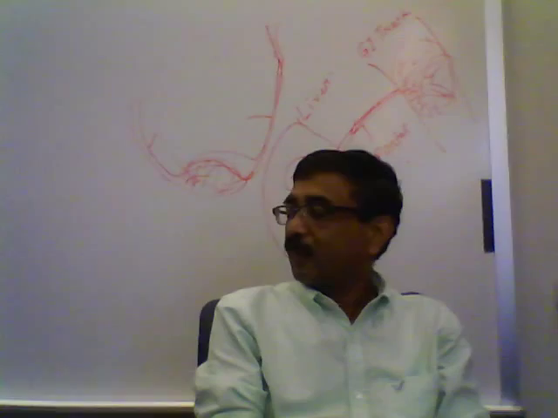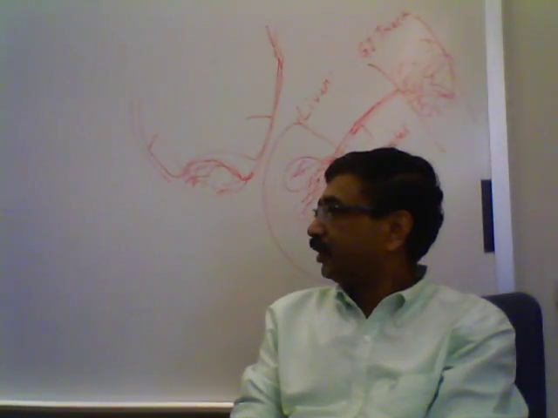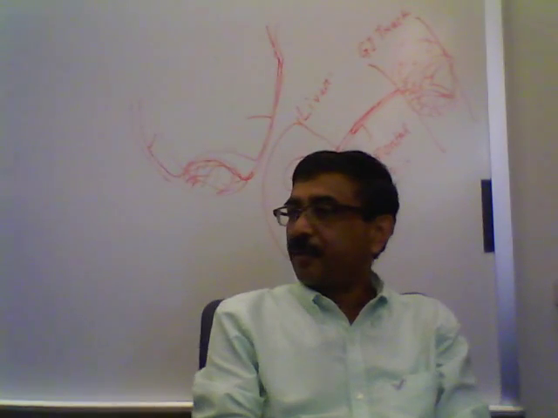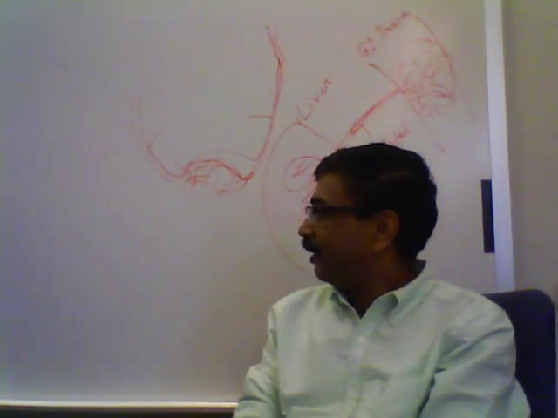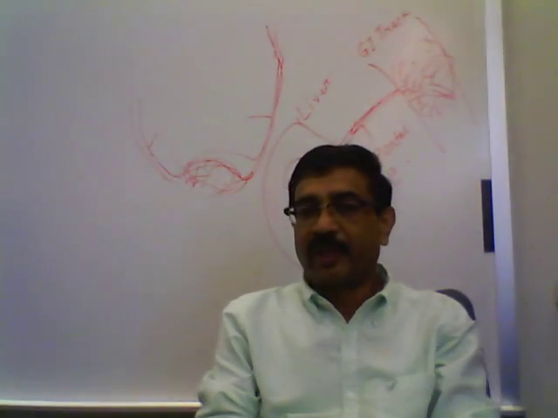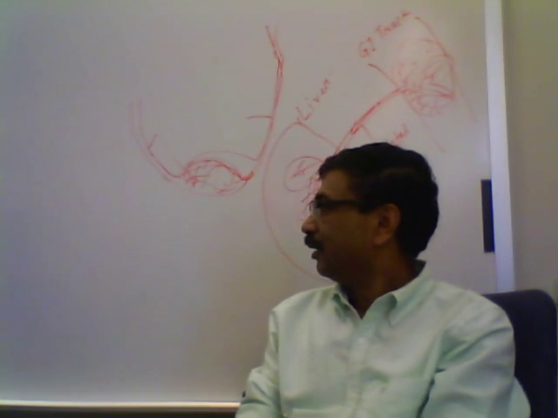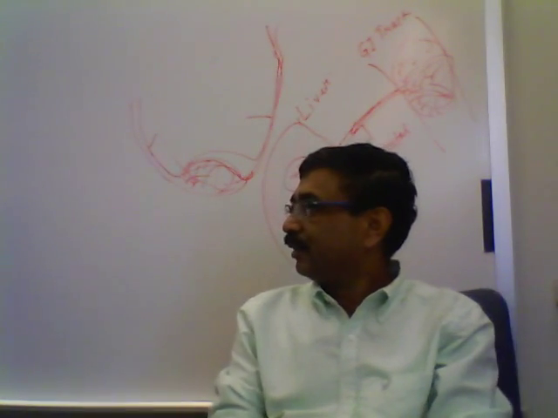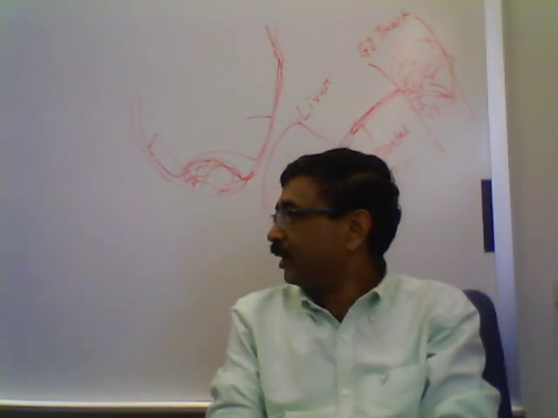Now we'll talk about the capillaries: structure of a capillary, classification of capillaries, capillary bed. We have already talked about the differences between the artery and vein. I wrote on the board. Then we have talked about the blood pressure actually before.